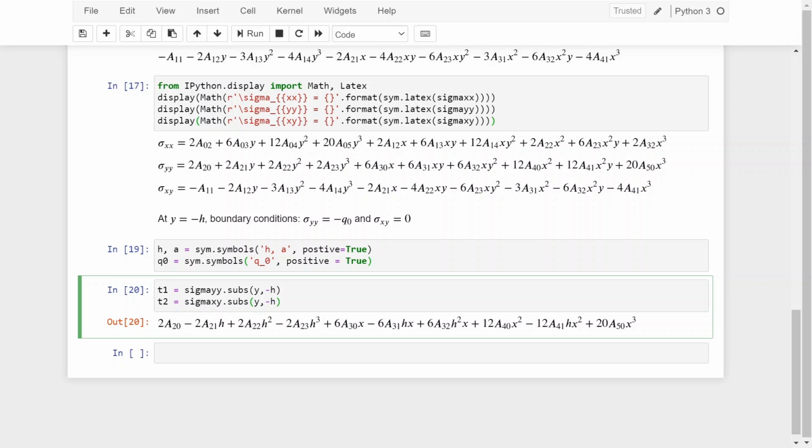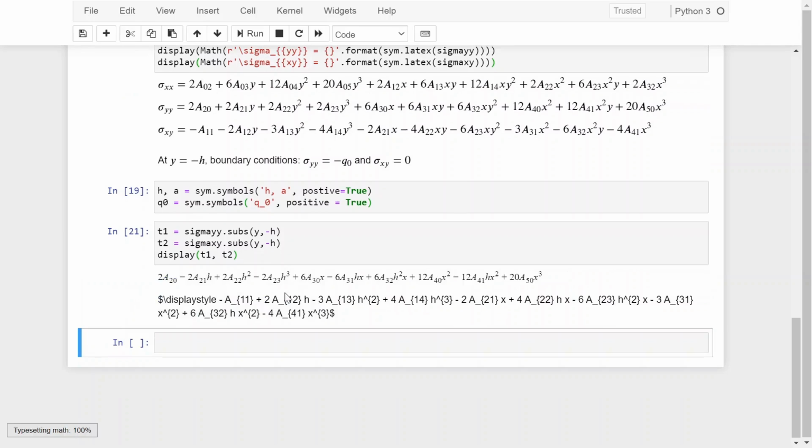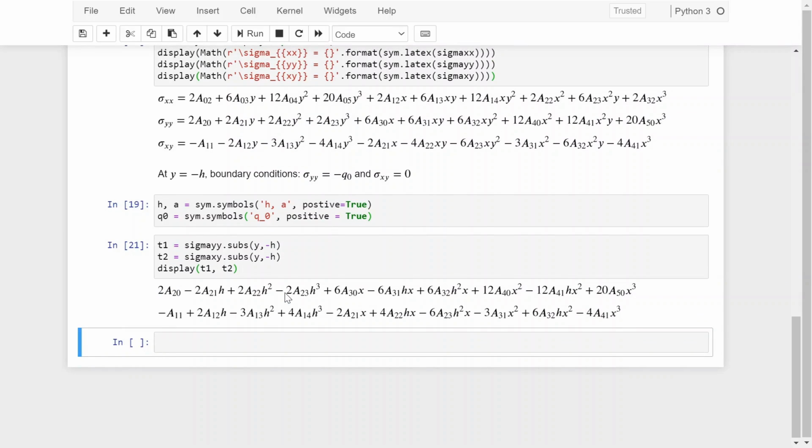What is more important to note here is, let's do this T1 and T2 just for now, and let me just discuss this.